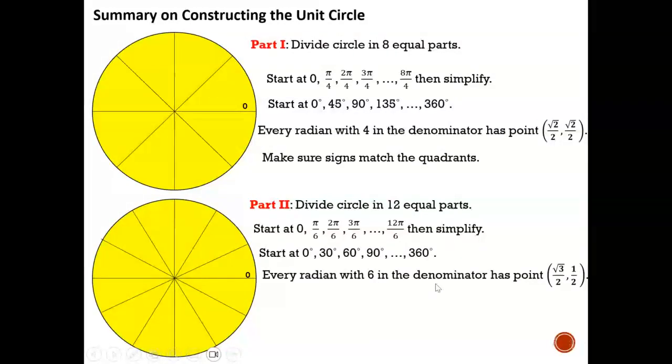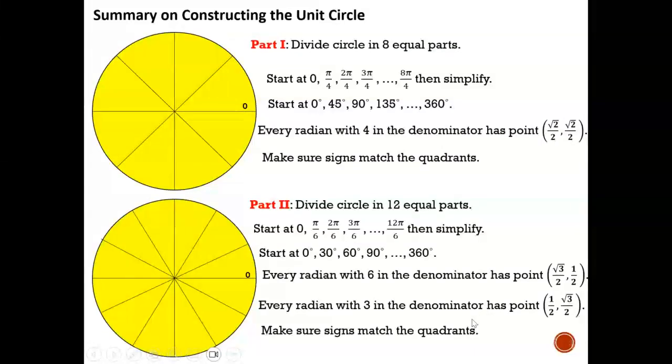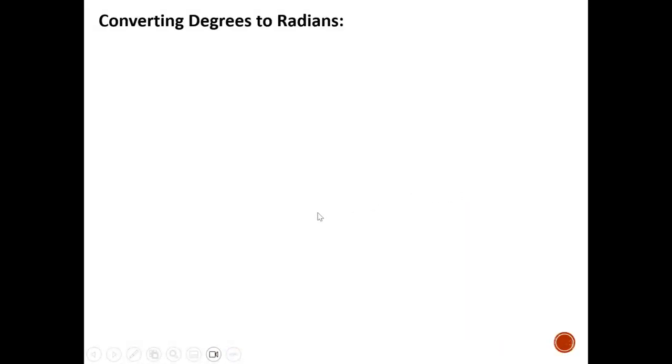And every radian with a 6 in the denominator has a point of square root of 3 over 2, 1/2. And every radian with a 3 in the denominator has a point of 1/2, square root of 3 over 2, but it depends on the quadrant. The signs depend on the quadrant. And that's how you summarize both parts 1 and 2, and then at the end you put them together. Okay, that was number 1 on your review.